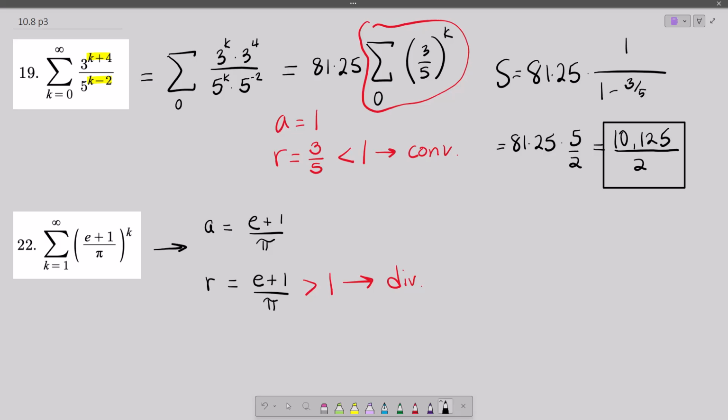So geometric, one of the most important ones to recognize right away. Any questions on any piece of that? Finding a, finding r, why is it geometric? A couple things that we noticed here, some principles.